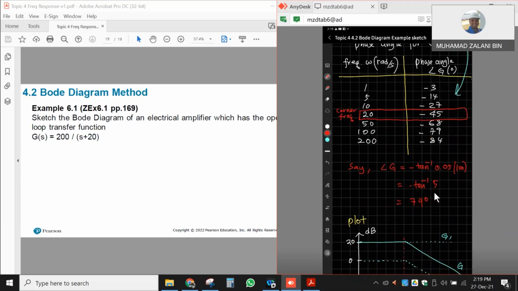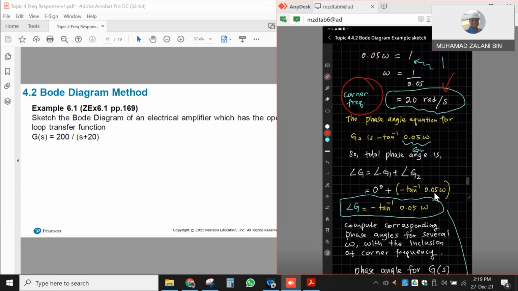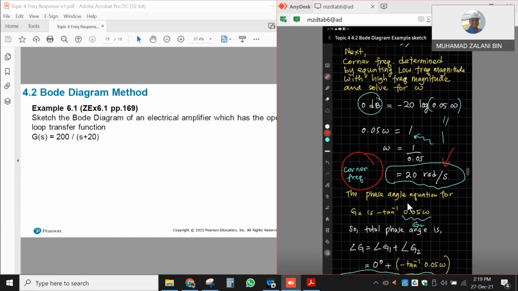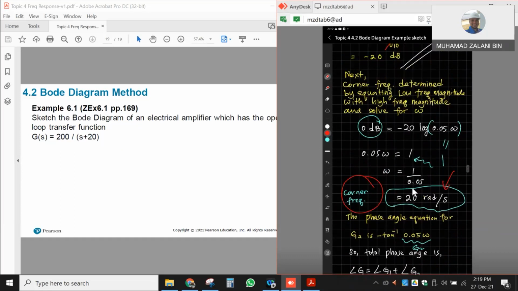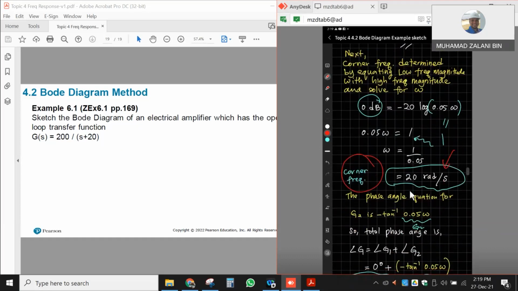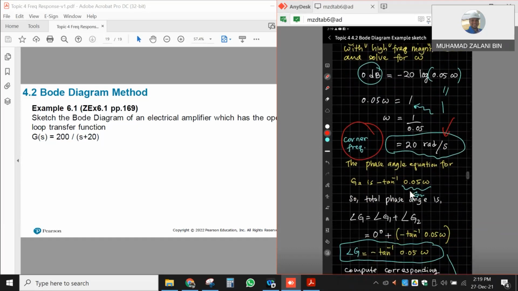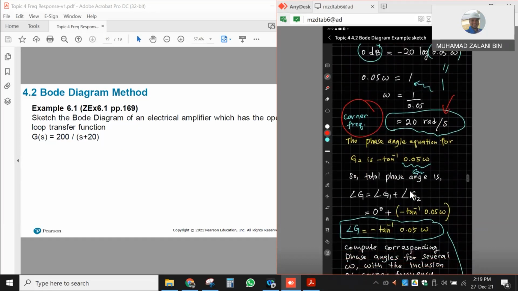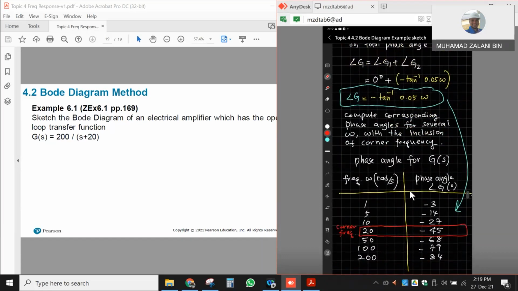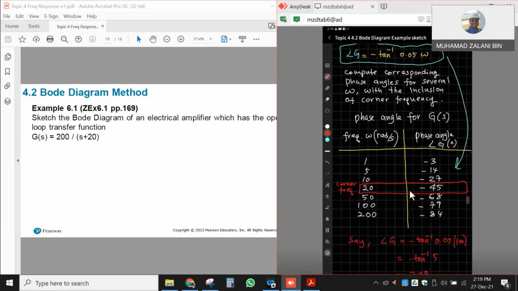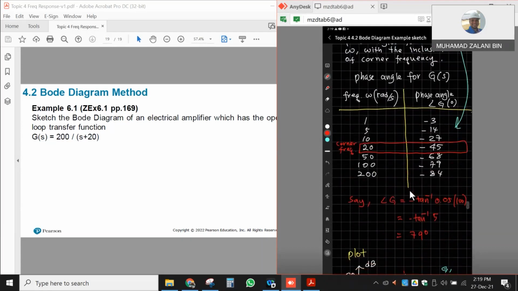For calculating the corner frequency, just now we have done that. Actually, we have done that here. Omega is 20 radian per second.